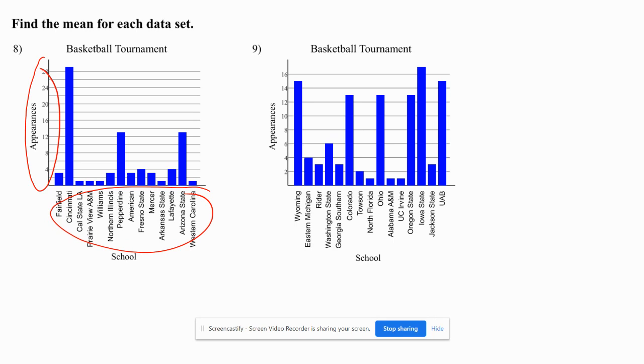Notice how each line we can say goes by 2. Right? There's 2, 4, 6, 8, 10, 12. So it seems like each line goes by 2. So looking at my first number, notice how it is between 2 and 4. So I'm going to say my first number is a 3 because it was right in between 2 and 4. It was not 2, it was not 4, right in between.